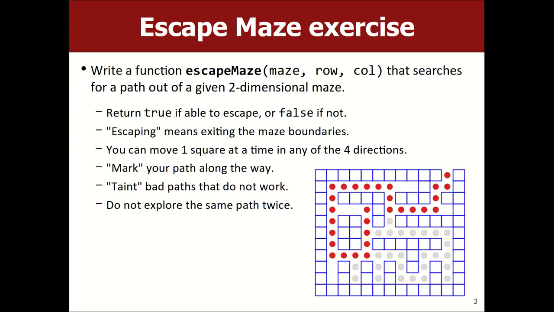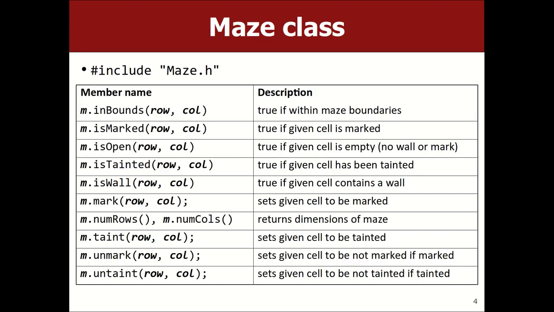Now you might say, well, wait, how does this maze work? Is it a grid? What is it? I want to avoid some of the muck and the details here, so I'm going to give you a class called maze that is basically like a grid. You can ask how big the grid is, how many rows and columns it has. You can ask whether you're within the boundaries of the maze.